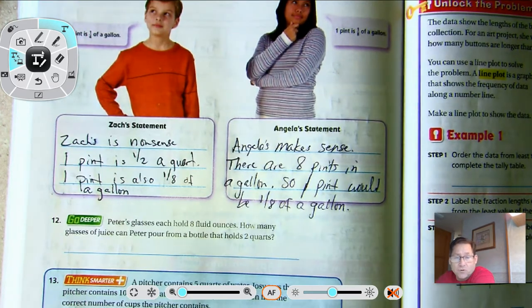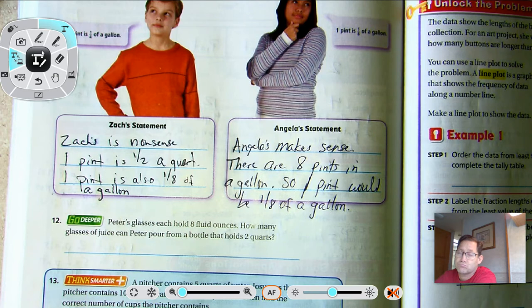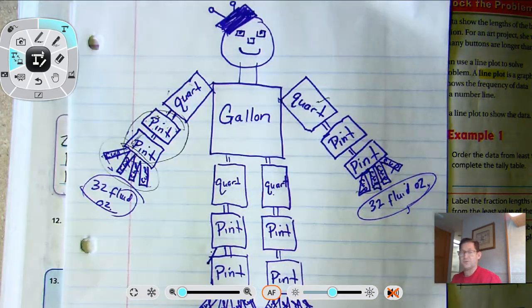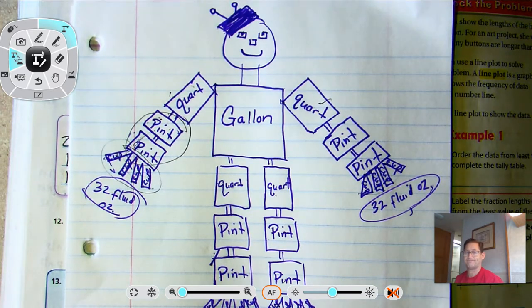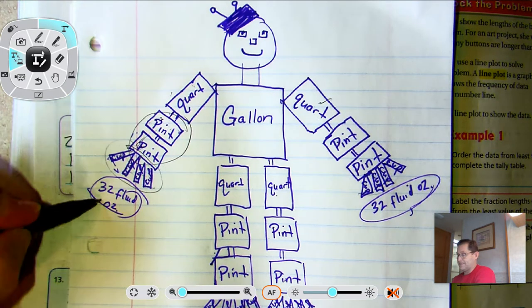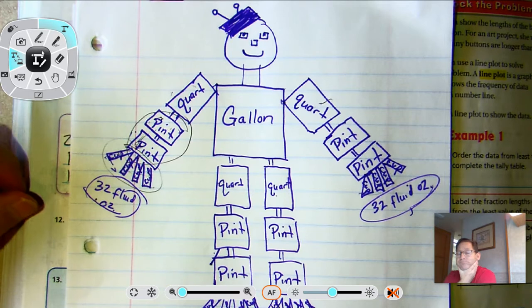Peter's glasses each hold 8 fluid ounces. How many glasses of juice can Peter pour from a bottle that holds 2 quarts? All right. Well, let's look here. A quart. Every quart has 32 fluid ounces.